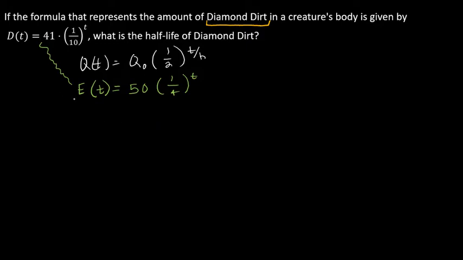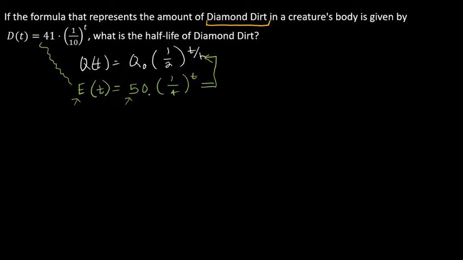So we're saying that my amount, E of t, is equal to my initial value. This is like my initial amount of this potion that I started with, okay? 1/4 to the t. So my goal is to use what I know about exponents and get my E of t equation in the same format as Q of t.